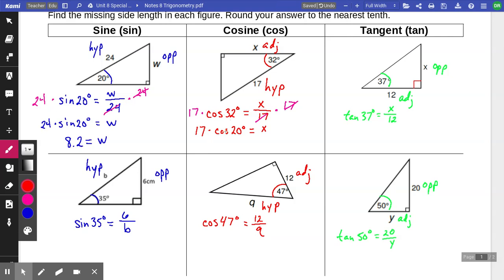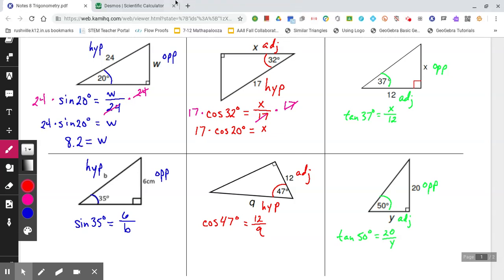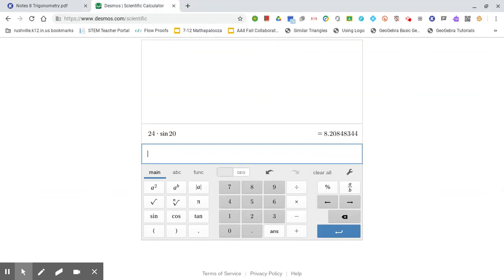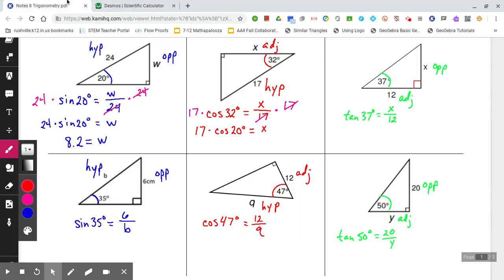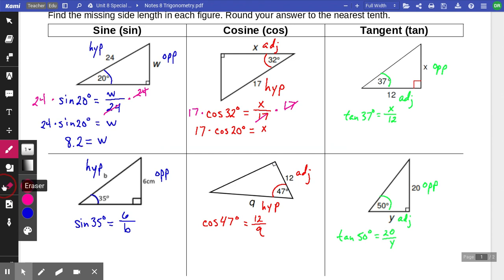And once again, we just go to a calculator, type this expression in, 17 times cosine of 20, and get our decimal approximation. So 17 times cosine. And I just realized I think I put the wrong angle measure down. I did. The angle is not 20 here. That was the last example. The angle is 32. So let's fix that.